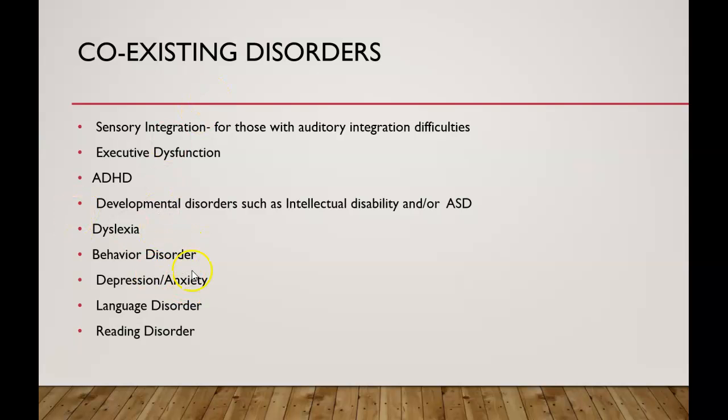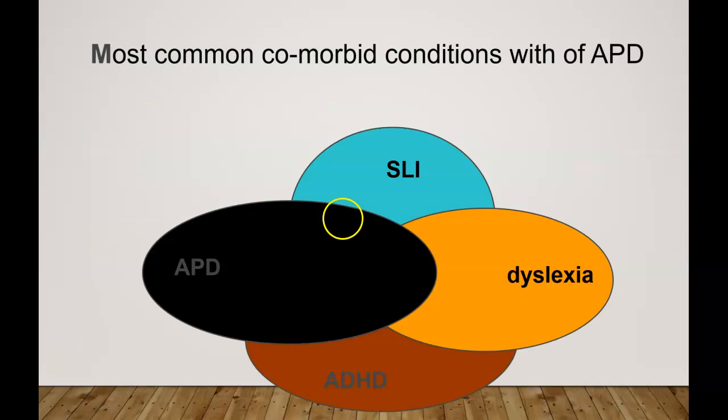Other coexisting disorders include language disorders and reading disorders. The most common comorbid conditions of auditory processing disorder are specific language impairment, dyslexia, and ADHD. And there's APD, and I don't know what happened to this, but it did show an overlap here among the three of them. So there are people that have just auditory processing disorder.